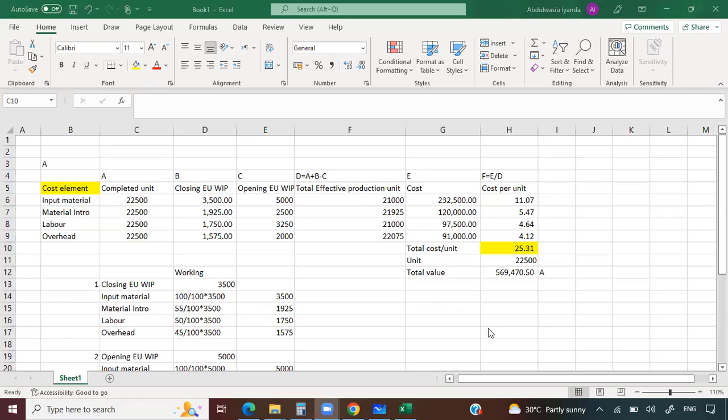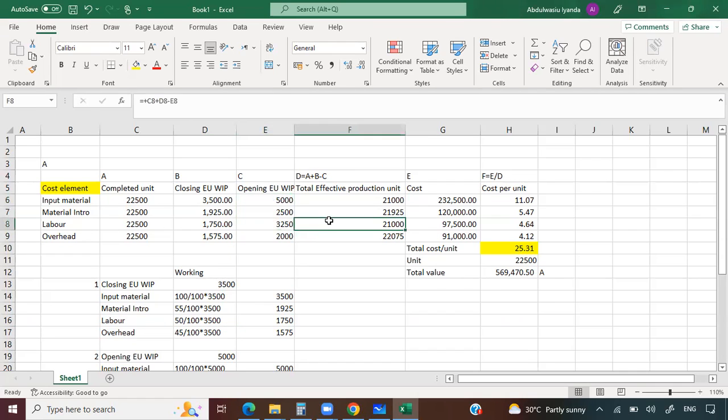For you to get that, we need to conduct all this process. What do you complete? This is what I completed. What do you close with? I close with this. And this is how we get each of these figures. What do you start with?